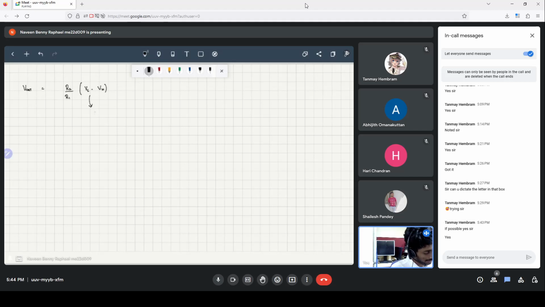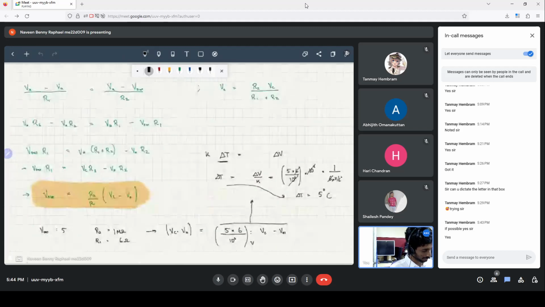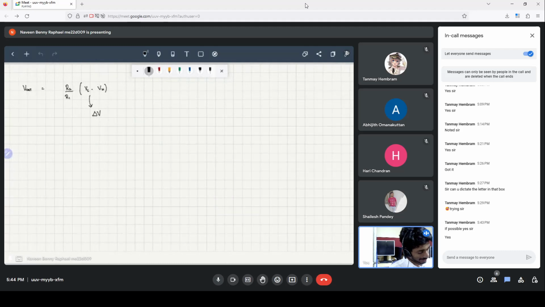We can call this delta V because that's the output of the thermocouple. The thermocouple gives us a potential difference given a temperature difference. The question is to find this temperature difference. We do not know what the potential difference is across the thermocouple yet, but we do know what V out is. V out is given to be 5 volt.